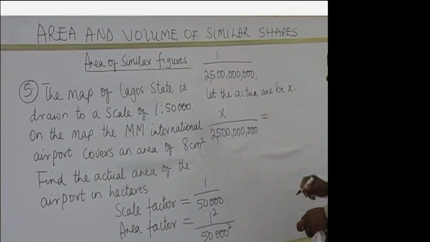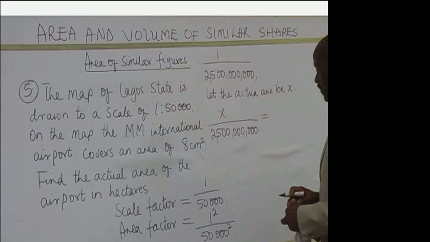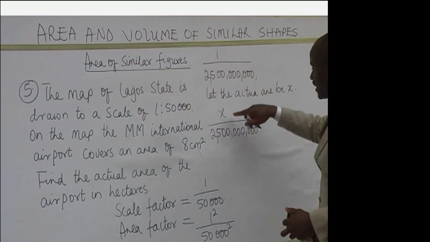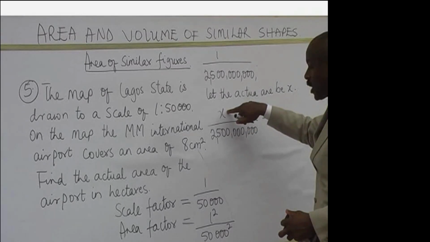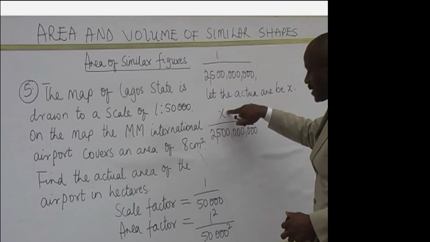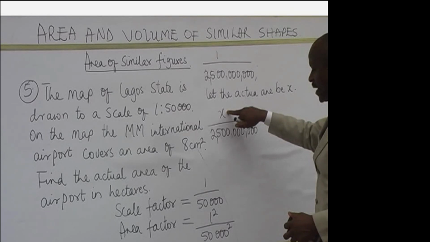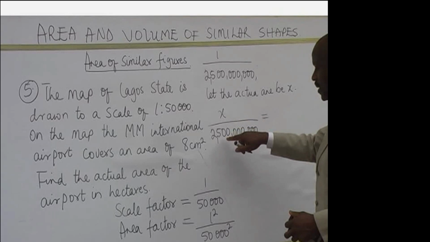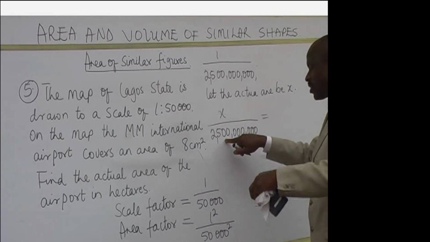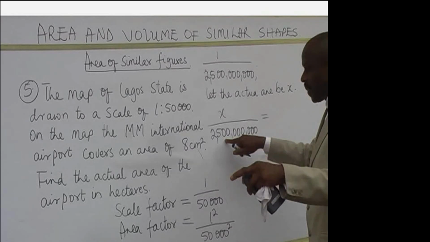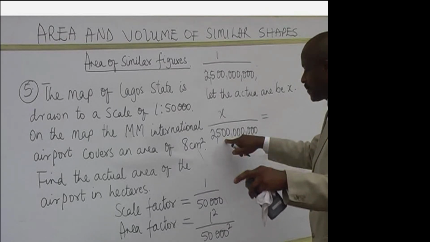It will now be equal to the area factor. This is the actual measurement on land, divided by the representative of the actual measurement of land on the map or on the scale.